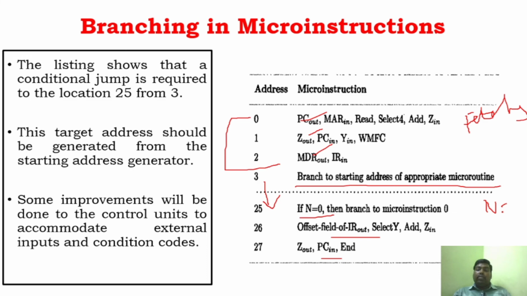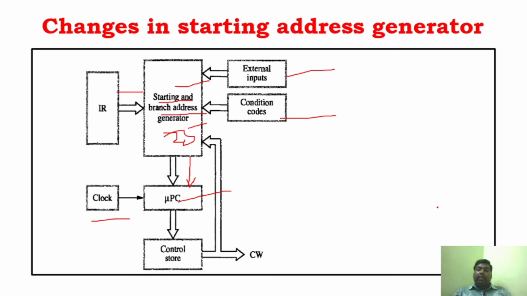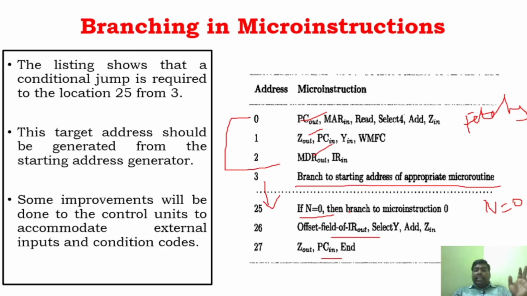If n is equal to 0, it will just reset and go to the first one, to address 0, and start fetching the next instruction. Because n is equal to 0, the branch condition is not satisfied, so it will go to address 0, right?